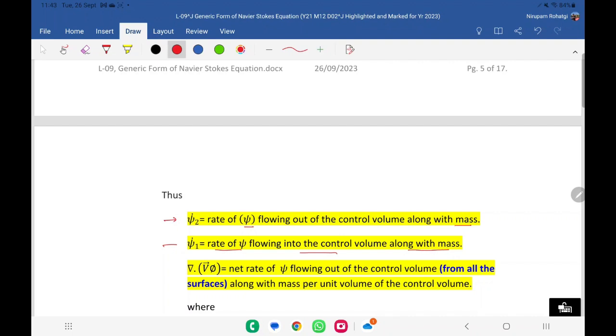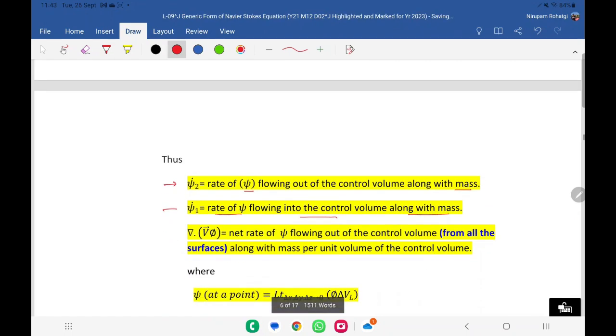Okay. Because if u, v and w are 0, it will all be 0. Nothing is going in, nothing is coming out. It's because of u, if we talk only in direction x, volume is going in, volume is going out.